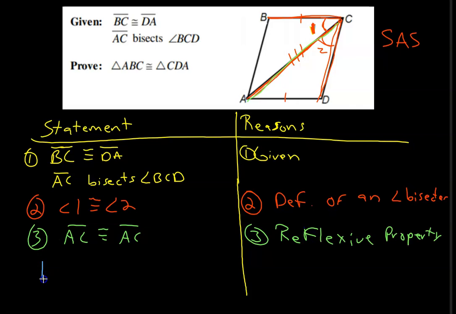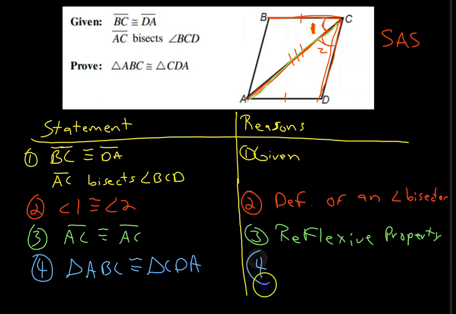After I accounted for all that, I could then say that triangle ABC was congruent to triangle CDA. And the reason for that was side, angle, side postulate. So, we proved it. All right, I'll get that as a note.